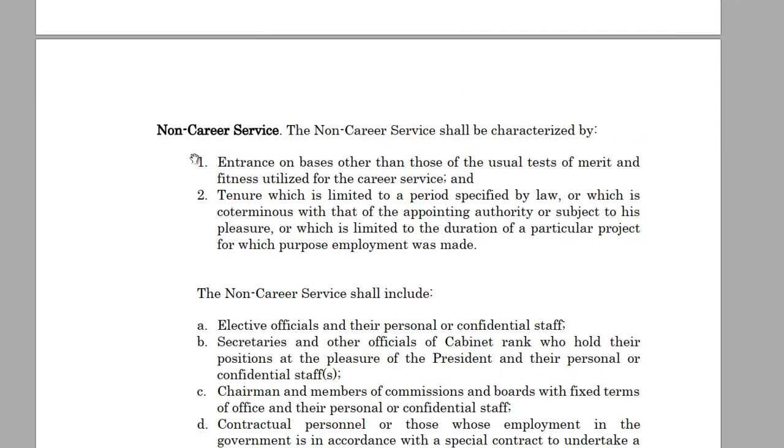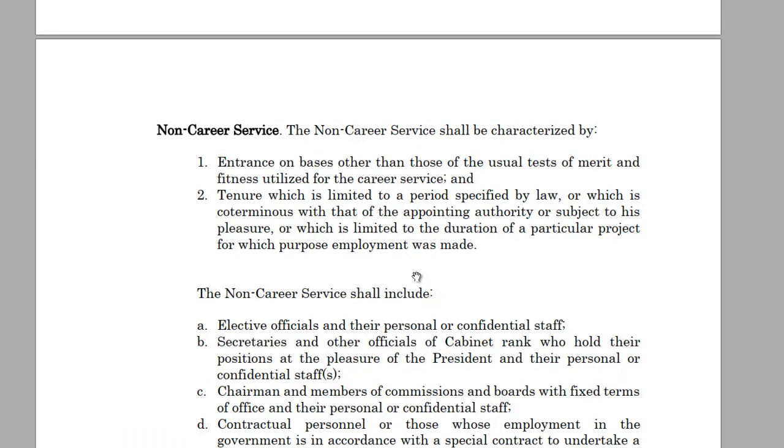Pag sinabi naman natin na non-career service, these are position in the government na hindi dumaan sa merit and fitness. At ito ay limited lamang ang kanilang trabaho. The duration of their work is only limited for a period of time. Okay, so para mas maintindihan natin ang non-career service, then basically they are not based in merit and fitness.